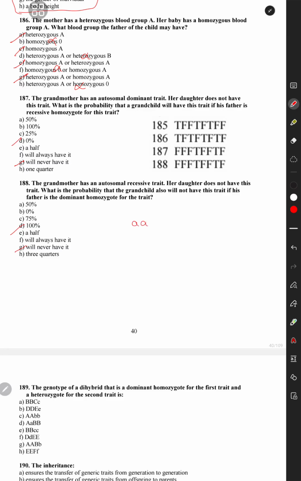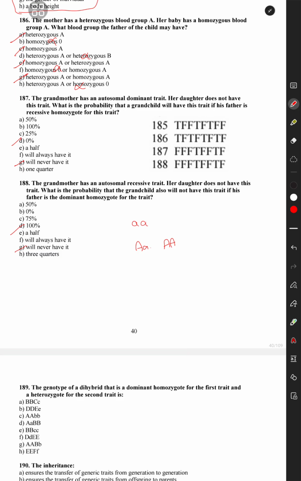Grandmother, her daughter does not have this trait. फिर इसका मतलब है she is a... the grandchild will also not have this trait.